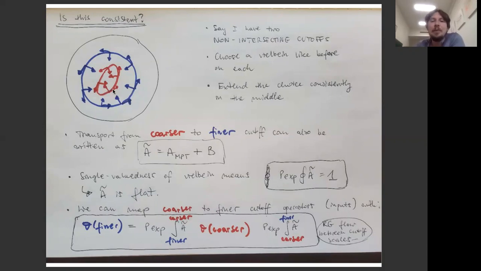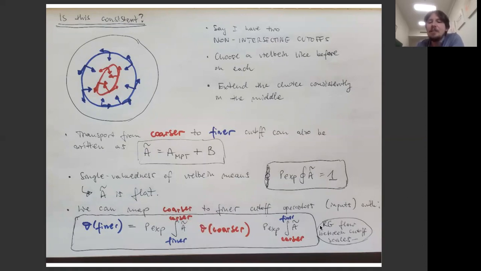Now I want to say that with this newly extended vielbein, we can construct an A tilde everywhere in between and use it to transport operators from the coarser to the finer cutoff surface and vice versa. And so that's what I'm doing here. I'm taking path-ordered exponentials of A tilde that go from the finer to the coarser and vice versa to remap the operators from one cutoff surface to another.